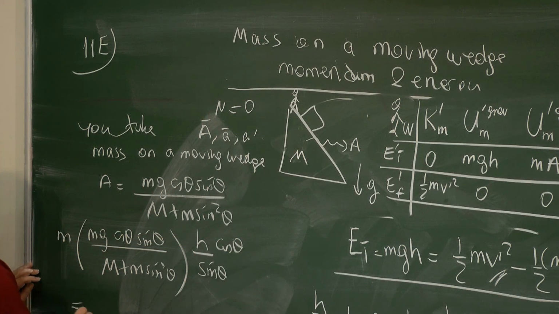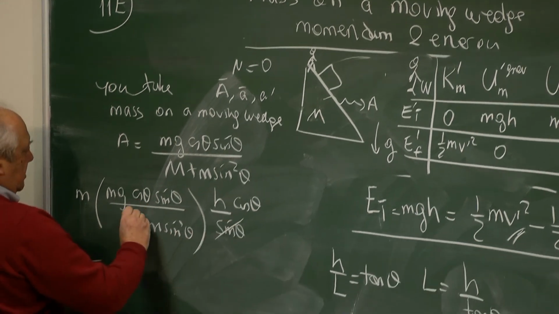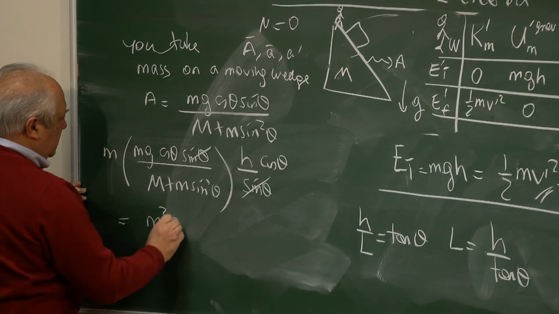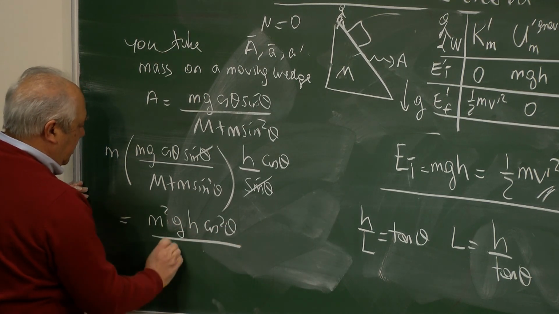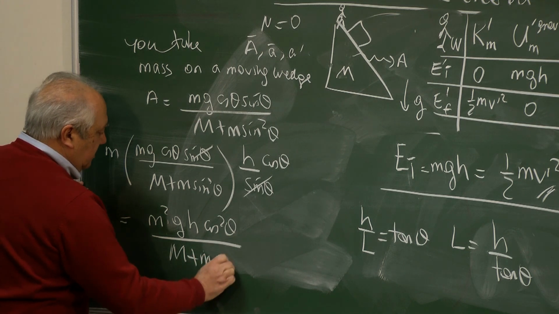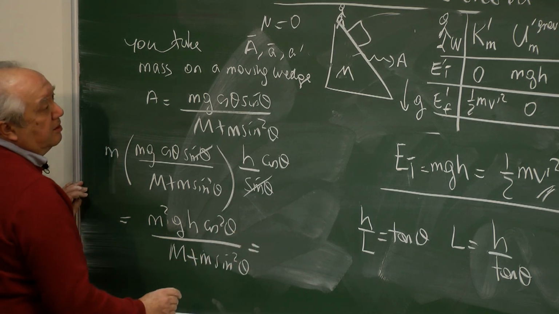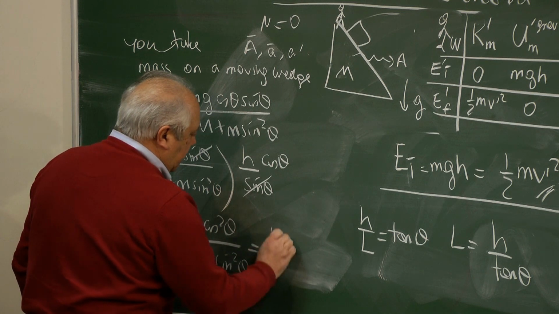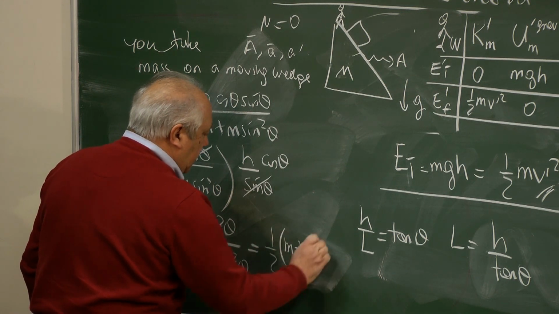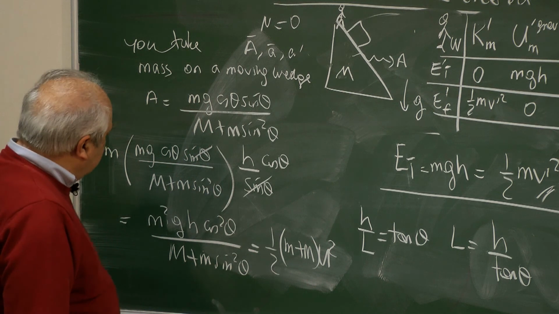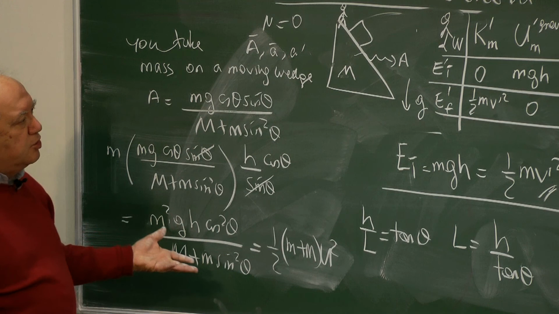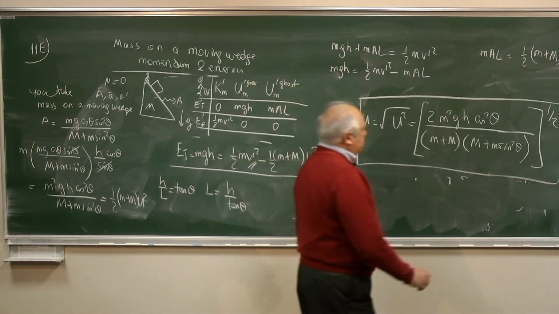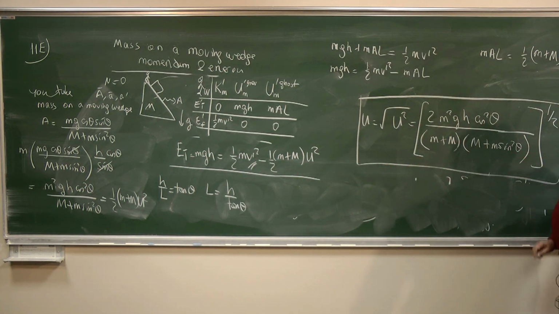That's equal to m, sine theta is cancelled, so m squared gh cosine squared theta divided by m plus M sine squared theta. That's equal to 1/2 m plus M u squared. I don't need to do the algebra. If you multiply by 2, divide by m plus M, and take the square root, it's exactly this result. Okay? Finished. Thank you.